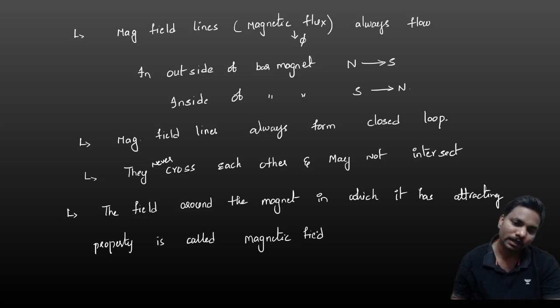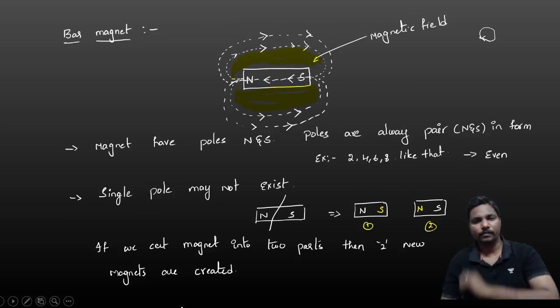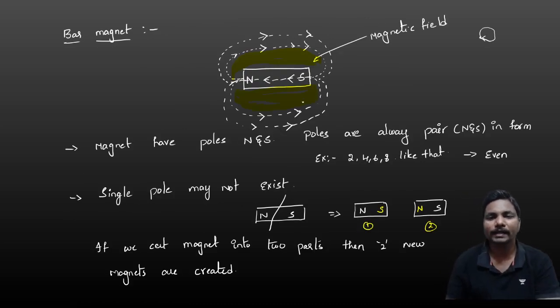That means in this field, if you place any iron particle, it can be attracted. So the field around the magnet in which it has attracting property is called the magnetic field. Completed?